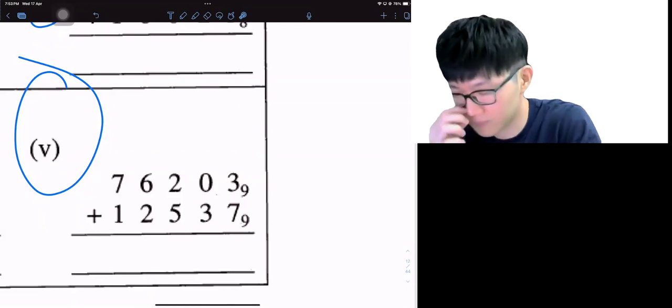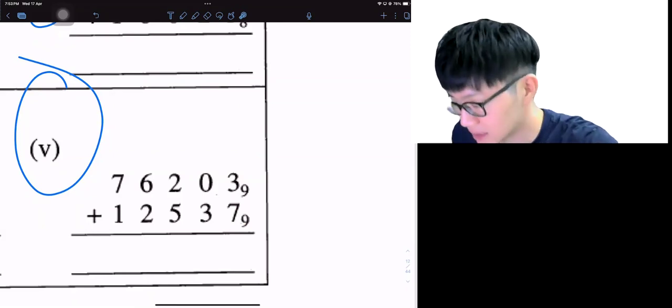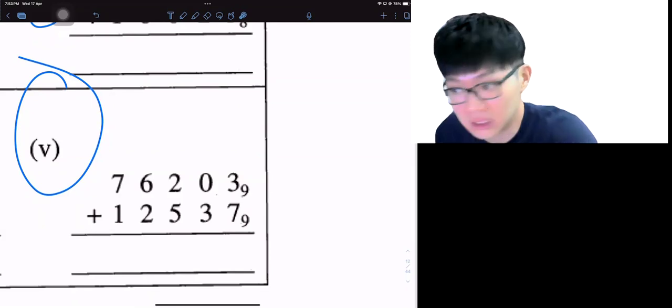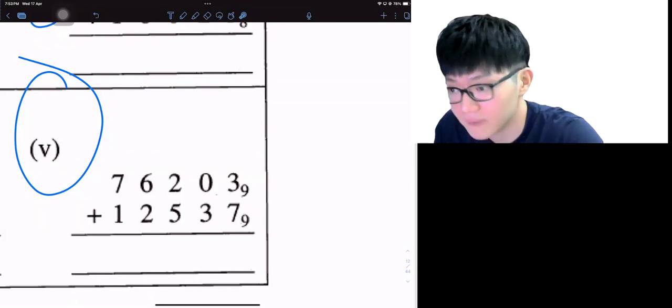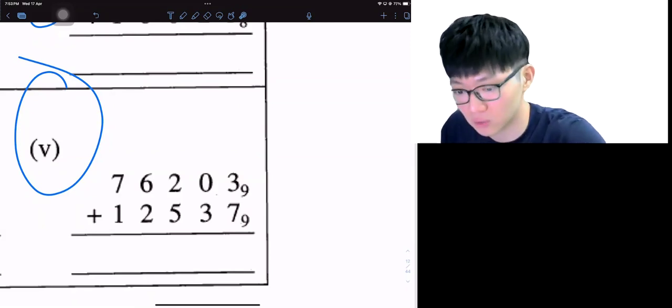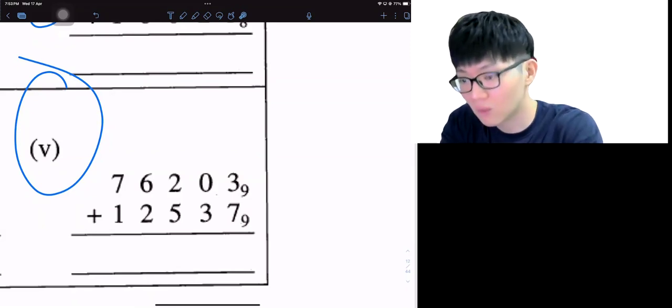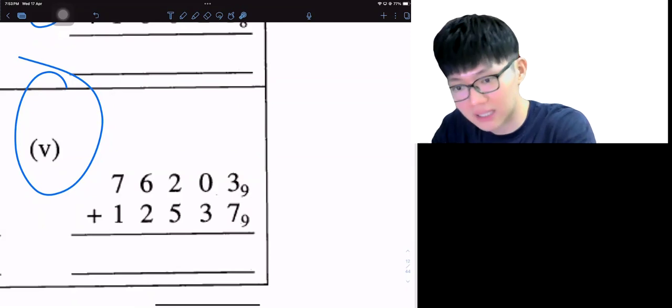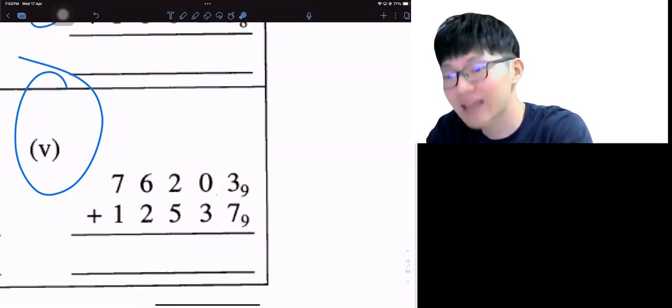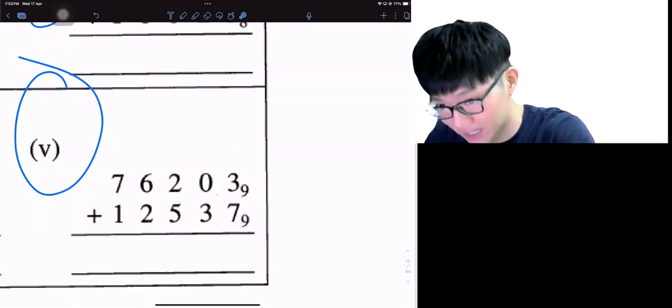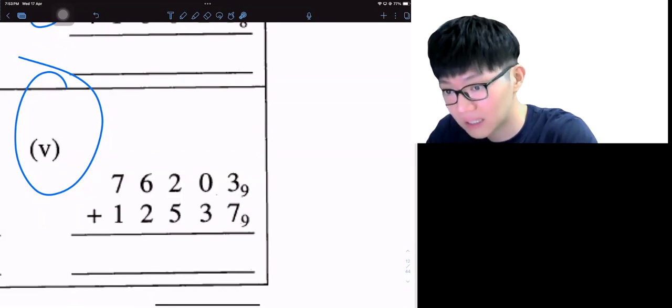What Song Wing mentioned is method 2, but it depends on you which one you prefer. Method number 1, count your fingers. You know 3 plus 7 is 10, you put 10 fingers out, you count 1, 2, 3, 4, 5, 6, 7, 8, 10, because now you are doing base 9. Then 11.